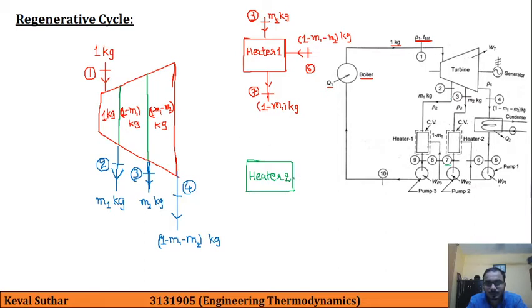So here we are having this to be point number 8, the quantity being 1 minus m1 kg, and here the point is point number 8.